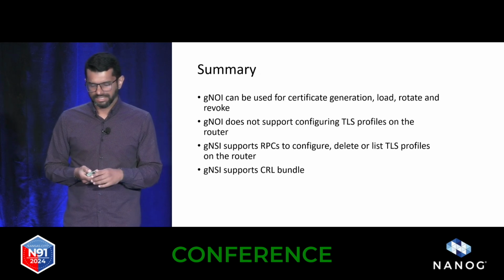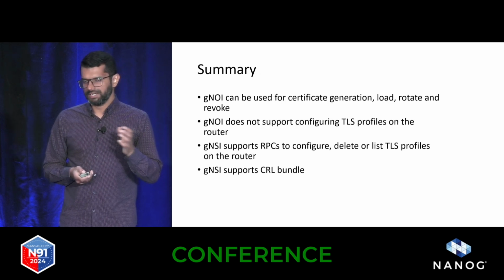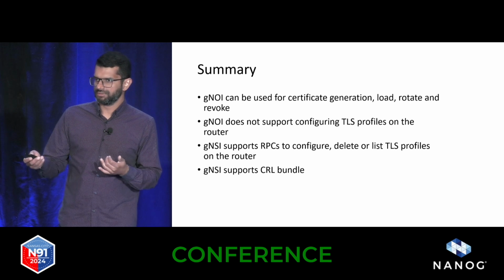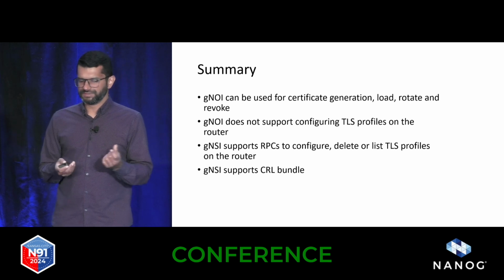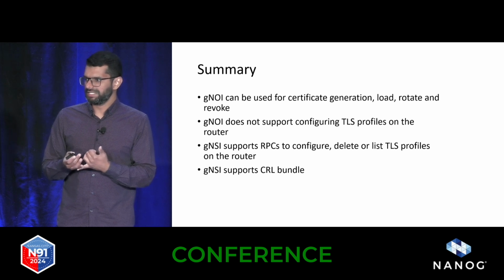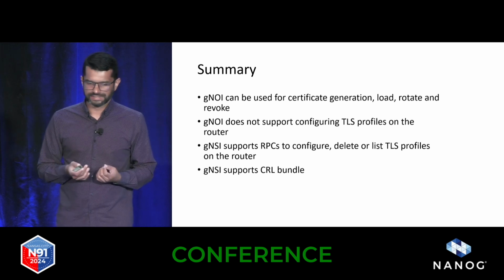And in summary, recapping what we discussed so far: gNOI can be used, and is used today, for generating certificates, installing certificates on the router, and revoking a specific certificate. What it is missing is configuring the TLS profile on the router, which is where you define your applications that will use those TLS certificates.